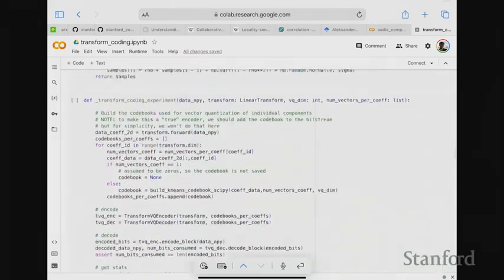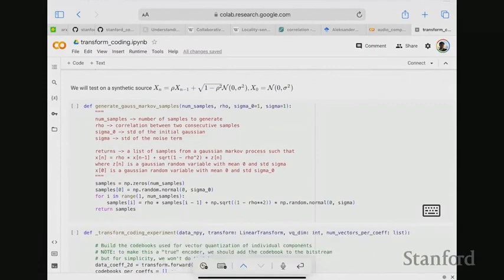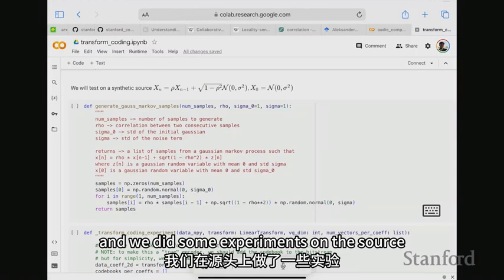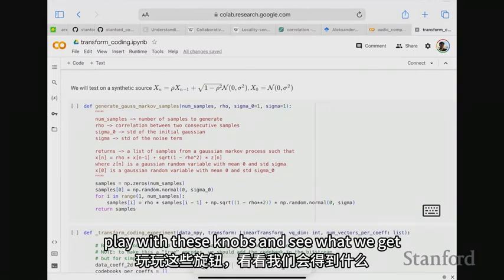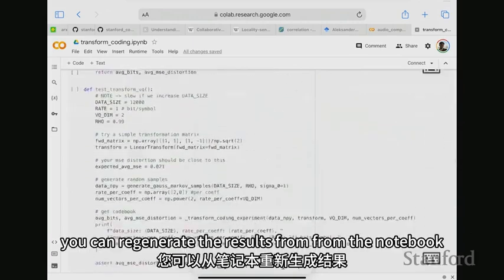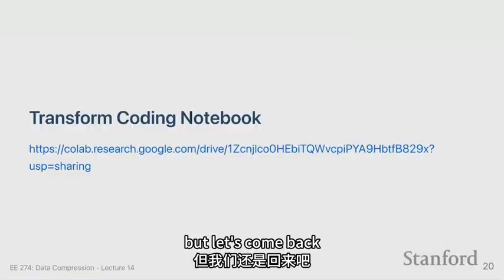Okay. But in any case, we went ahead, and this is the source we were looking at. We did some experiments on this source in the spirit of this class: let's actually play with these knobs and see what we get. Again, you can regenerate the results from the notebook, but let's come back.